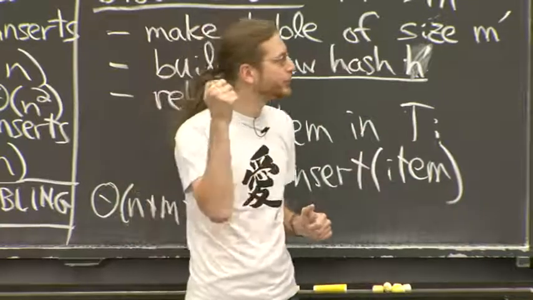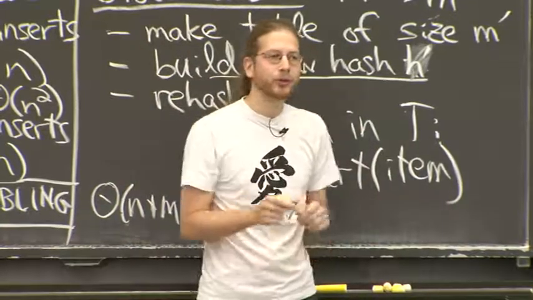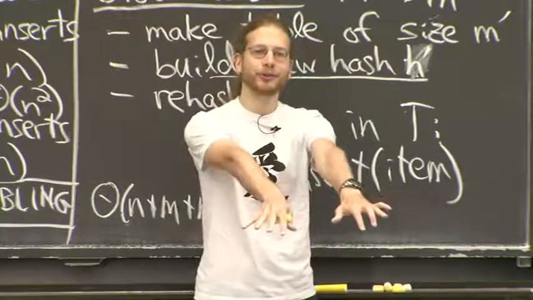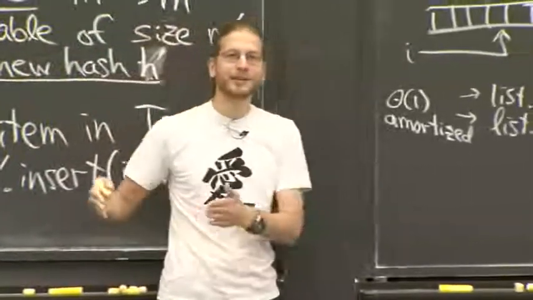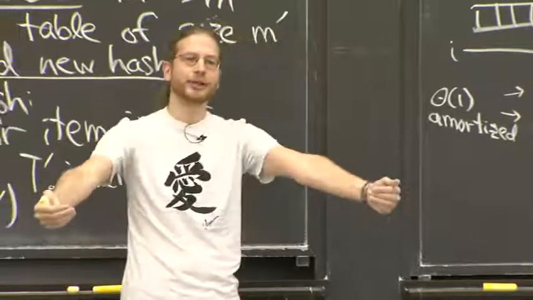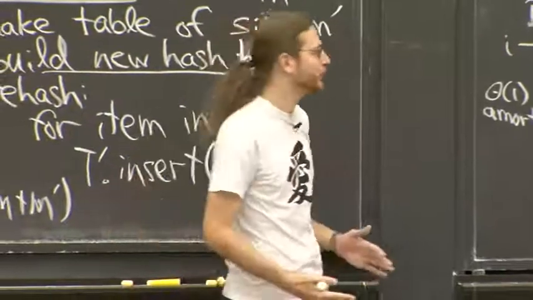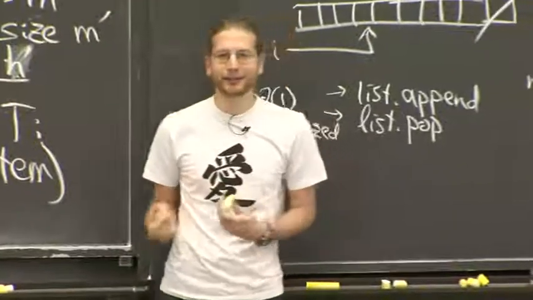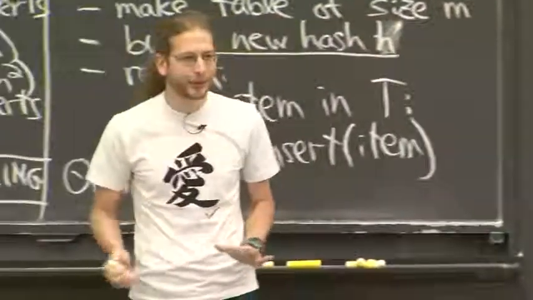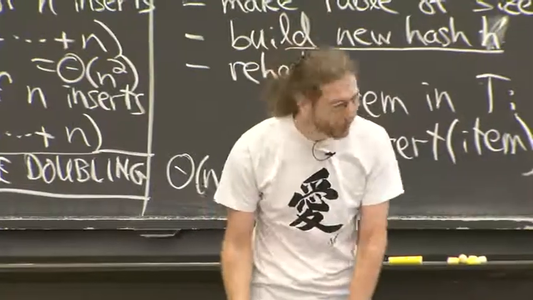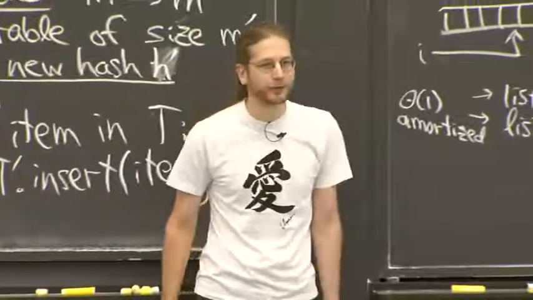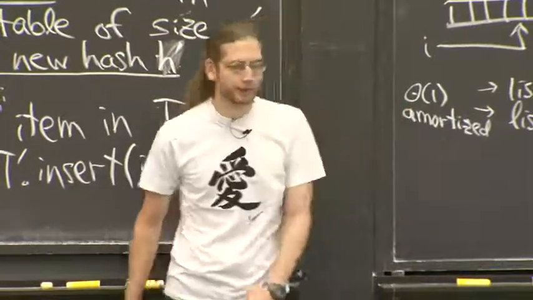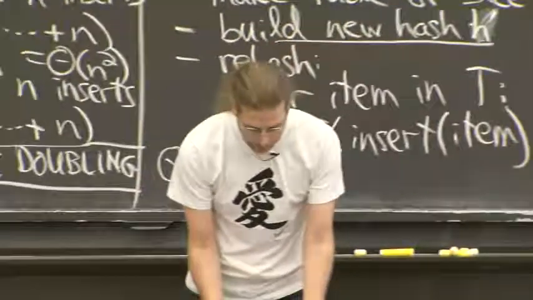And every time you insert into the actual table, you move like 5 of the items over to the new table. It needs to be a big enough constant, so that by the time you're full, you just switch over immediately to the other structure. It's kind of cool. It's very tricky to actually get that to work. But if you're in a real-time system, you might care to know that. For the most part, people don't implement those things because they're complicated. But it is possible to get rid of all these amortized. Cool.